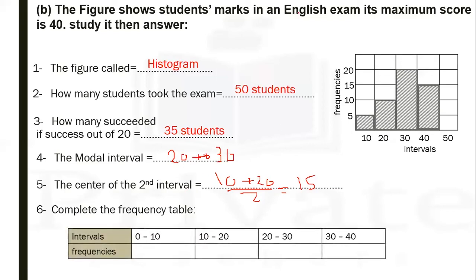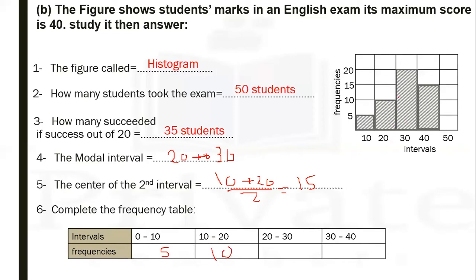Complete the frequency table, taking from the histogram. Here, we have to complete the frequency table. From 0 to 10, how many? 5 students. From 10 to 20, 10 students.